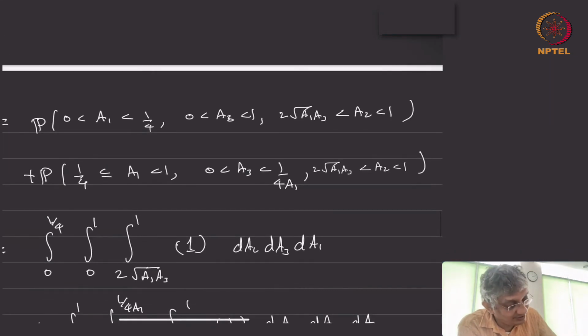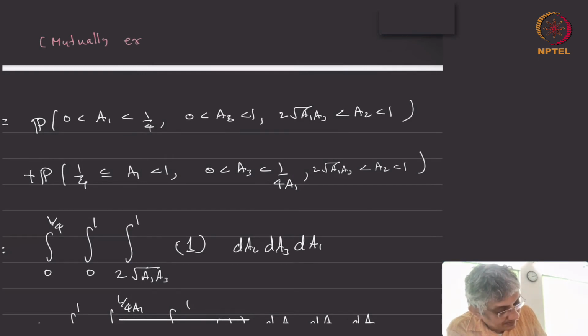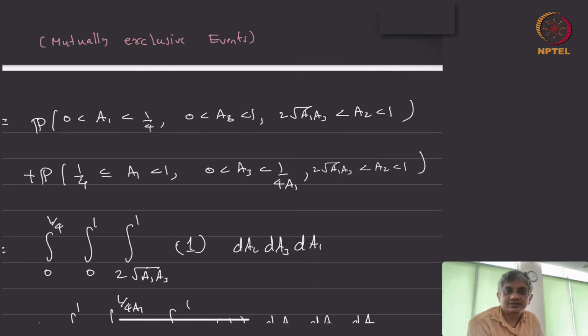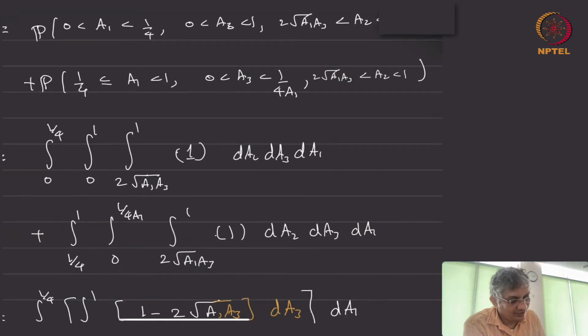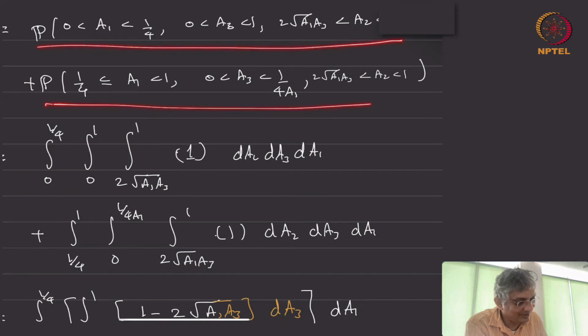Let me write this down just to reiterate it. They are mutually exclusive events. Once you have this, you have these two probabilities. Now this implies that all you have to do is find the probability of this region happening and this region happening.